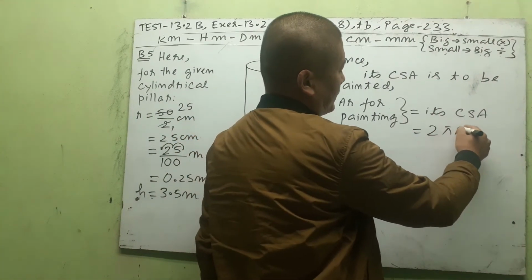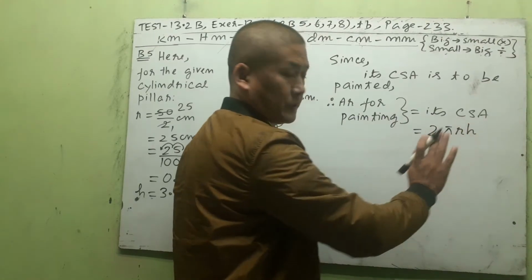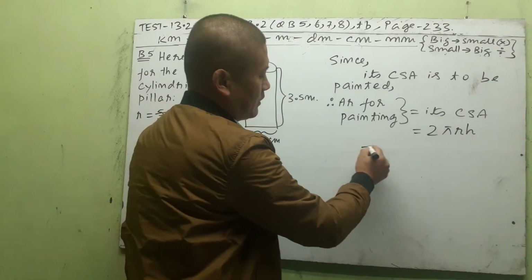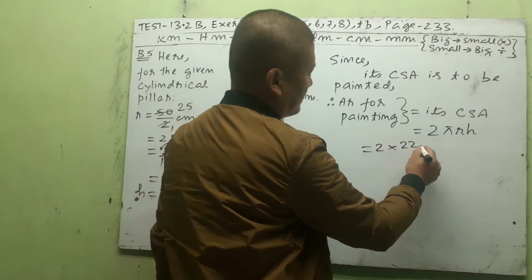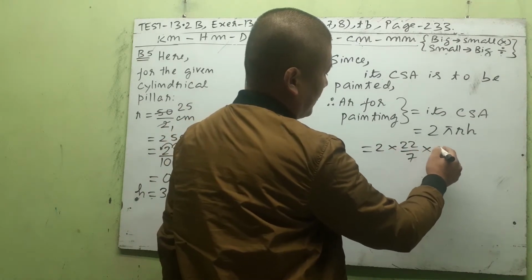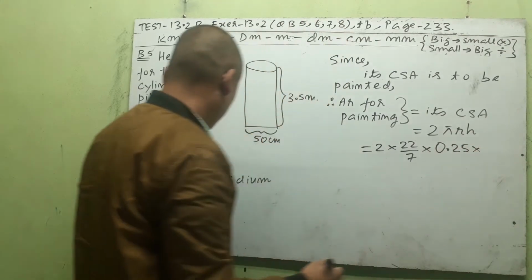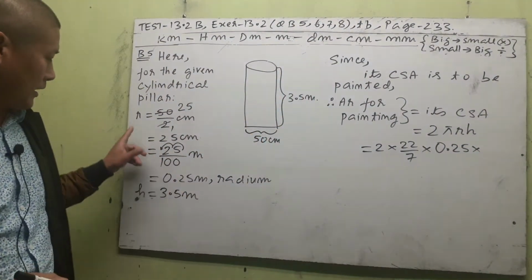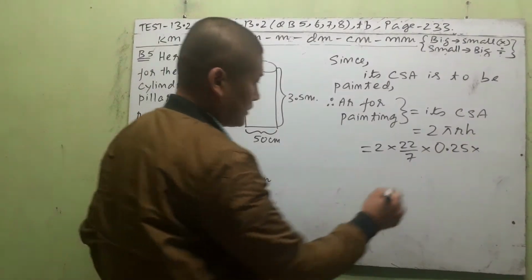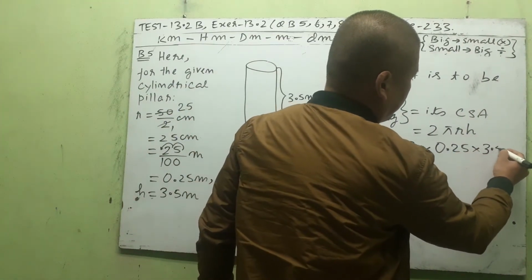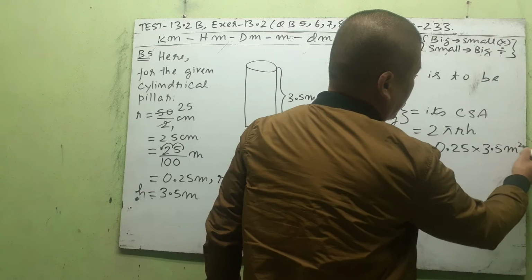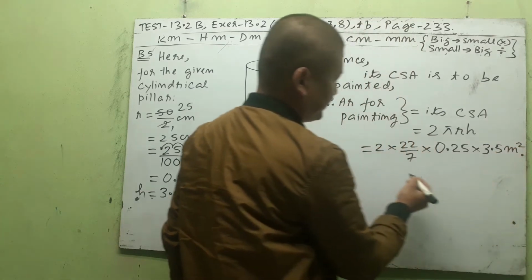So the curved surface area of a cylindrical pillar will be 2 pi RH, we know that. So there will be 2 into pi, which is not given, means 22 by 7. R is 0.25, in meter we have to take, this one, R. And the H is 3.5. And area means we put meter square at the back.